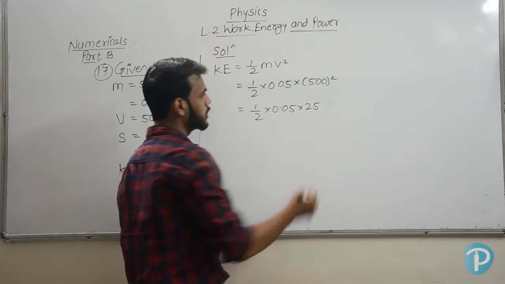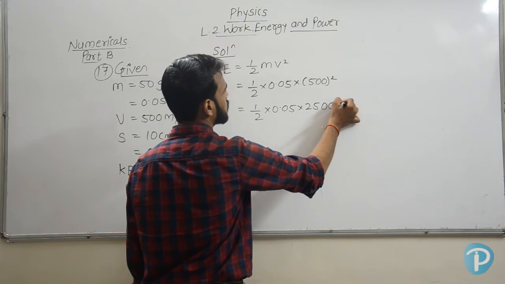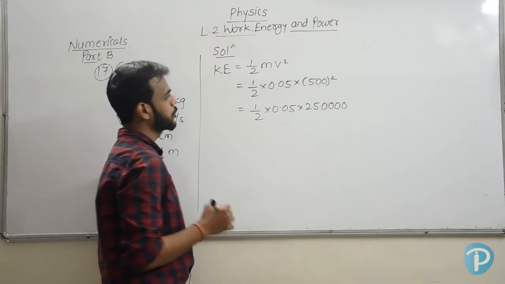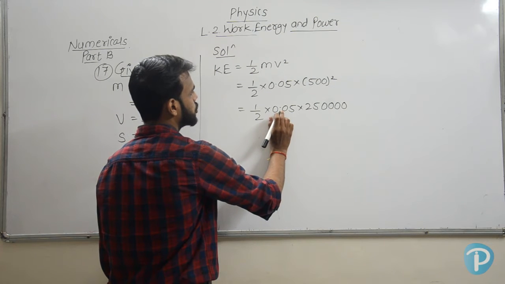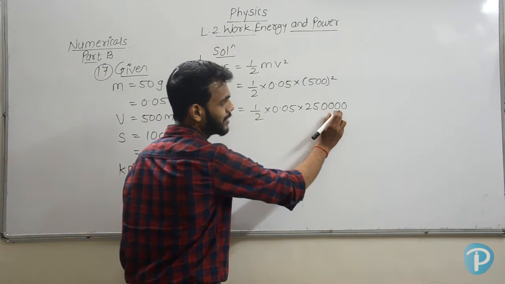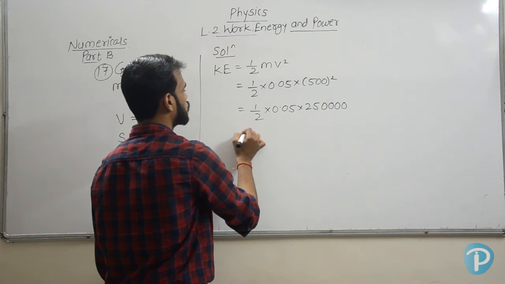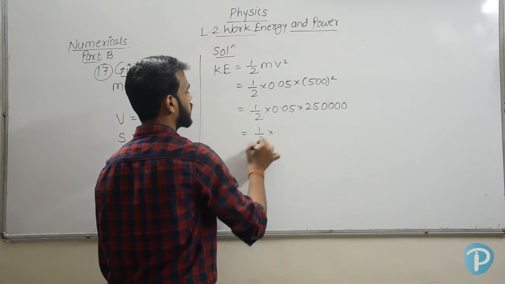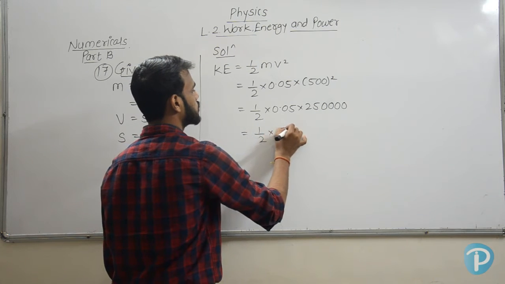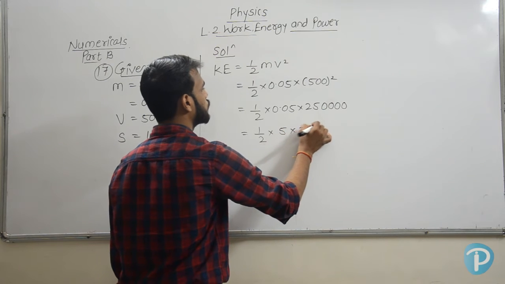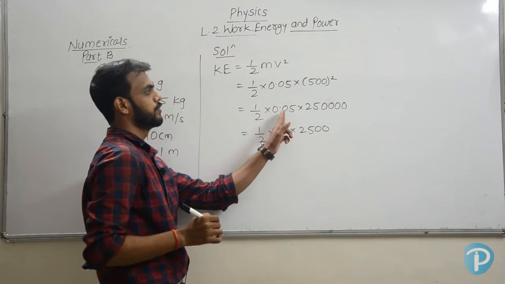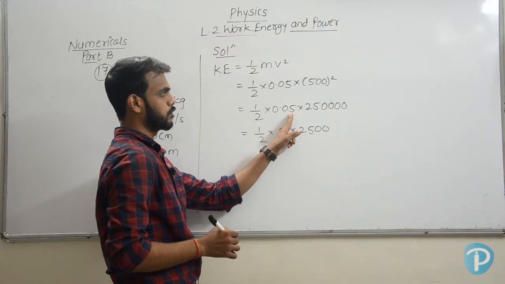When we square it, it becomes 4 zeros after squaring. Now we can shift these two decimals by cancelling two zeros from this side. So we'll have 1 by 2, this will be 5 into 2500. We have shifted two decimals from this.